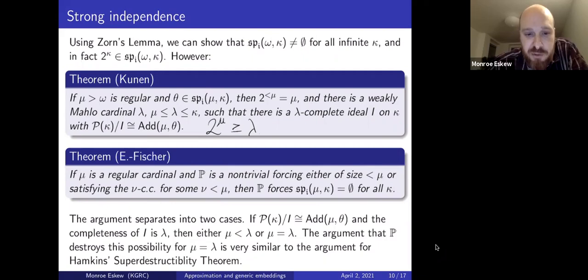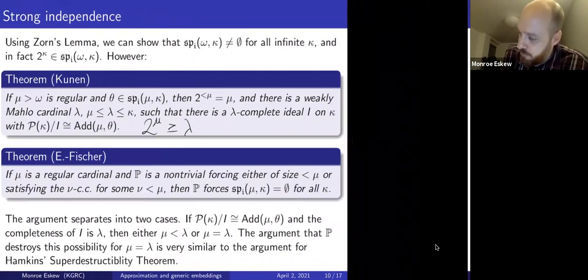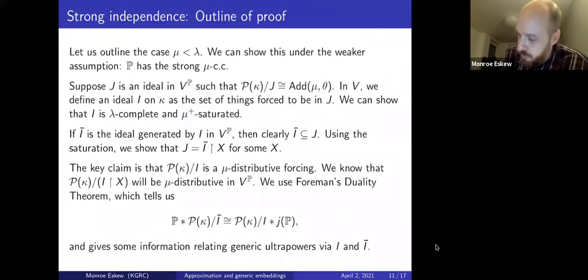The argument for mu equals lambda to rule that out is very similar to the argument for Hamkins' superdestructibility theorem, and it's written in our preprint. So I want to describe the other case, which is a bit different. Okay, so we're in the other case.